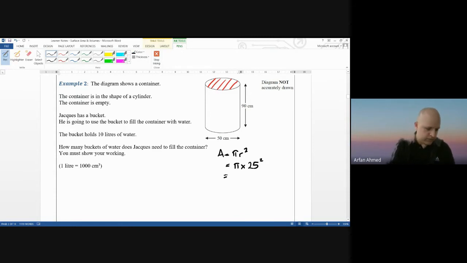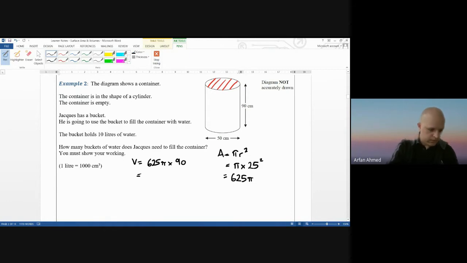What's that? 25 squared, is that 625? Yeah, let's leave it like that, 625 pi. Okay, so the volume will be 625 pi times how long the shape is, 90.